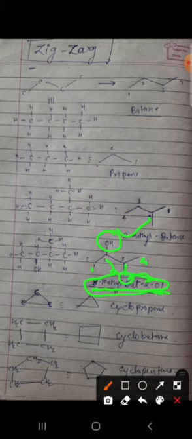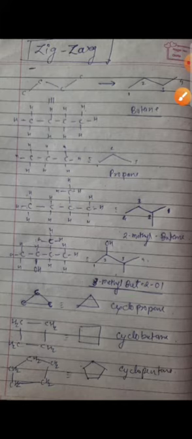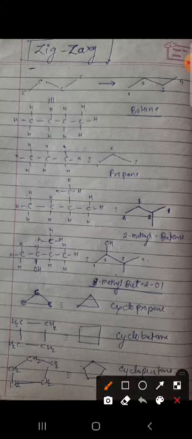And this is the cyclic structure of a carbon chain. Okay, cyclic structure. 3-carbon cyclopropane will be represented like this. This also consists of carbon, carbon, carbon.